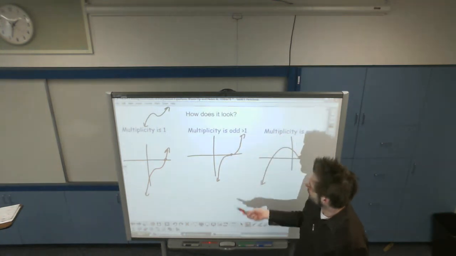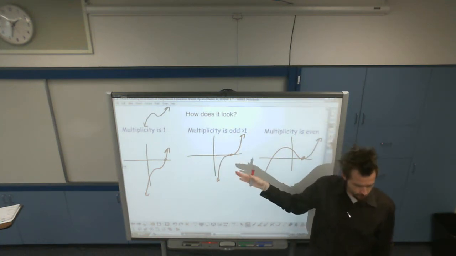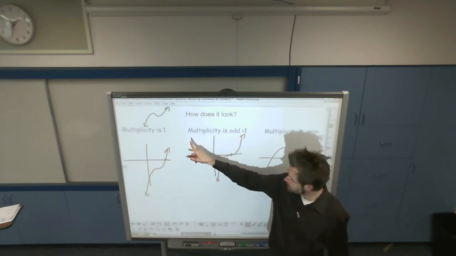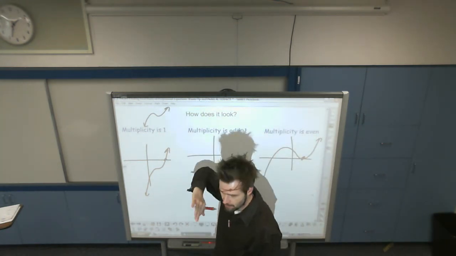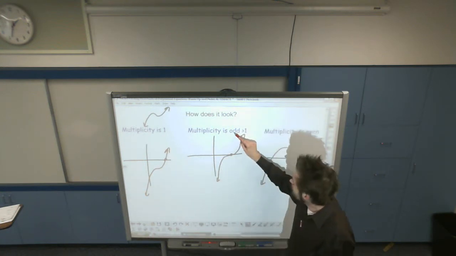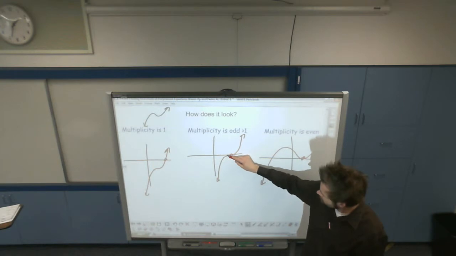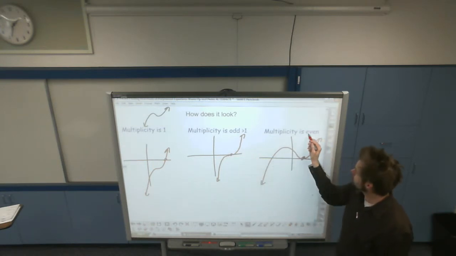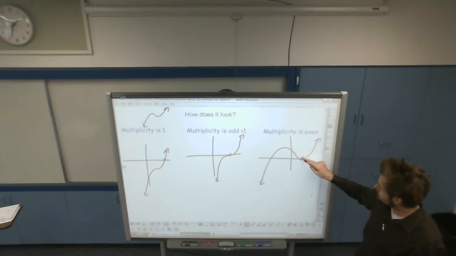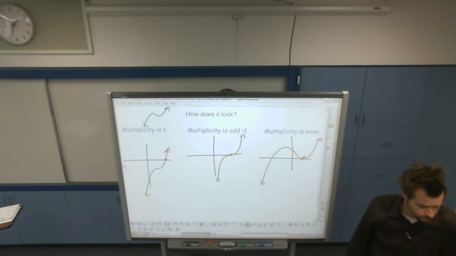And I moved it to the side to show you that there's nothing special about 0, 0. So here are our 3 situations. Situation number 1, your root has a regular old multiplicity of 1. It just crosses, that's it. You have an odd multiplicity, but it's bigger than 1, which means it does this bend, this sort of hesitation in the graph where it crosses. That's critical. And then when the multiplicity is even, you're going to have a root that just touches but doesn't cross. This is the summary. This is the scenario.